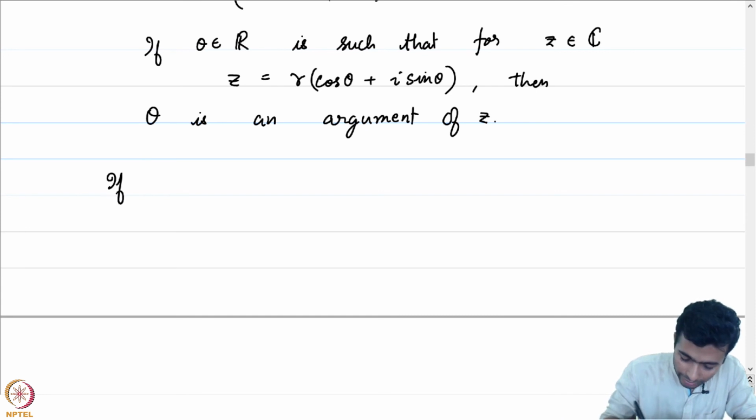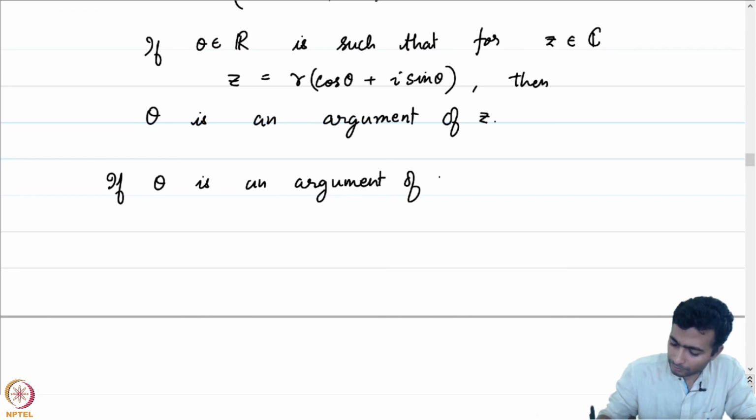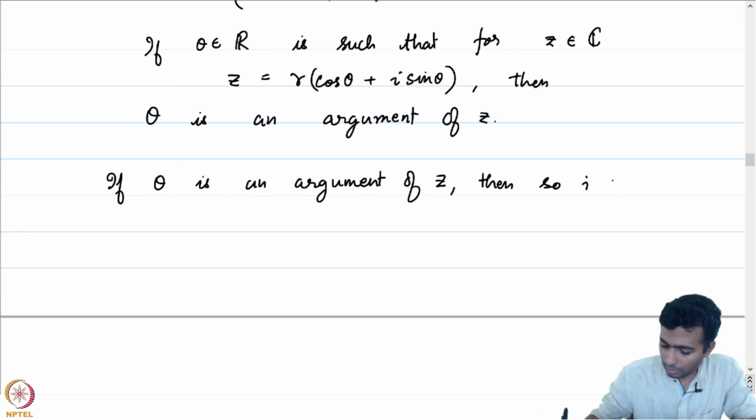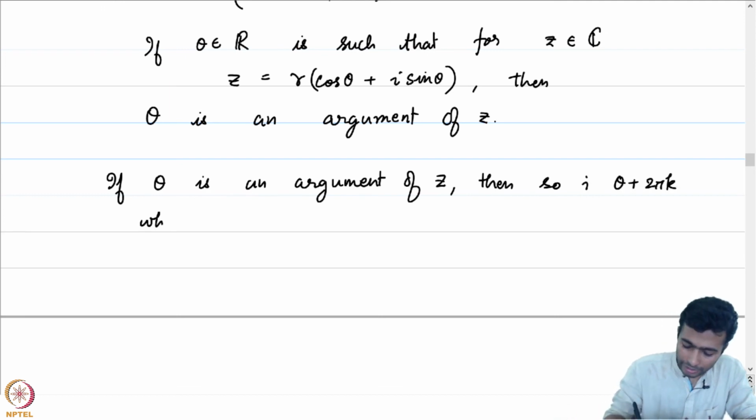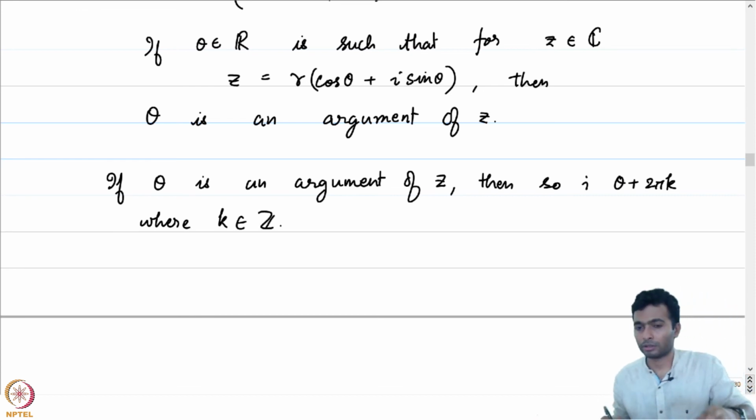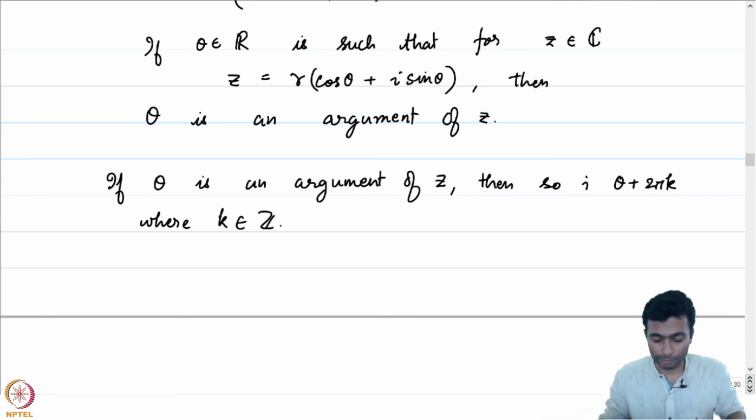Let me note that if theta is an argument of z, then so is theta plus 2 pi k, where k belongs to the integers. And again, basic trigonometric rules tell us that these are all the arguments.